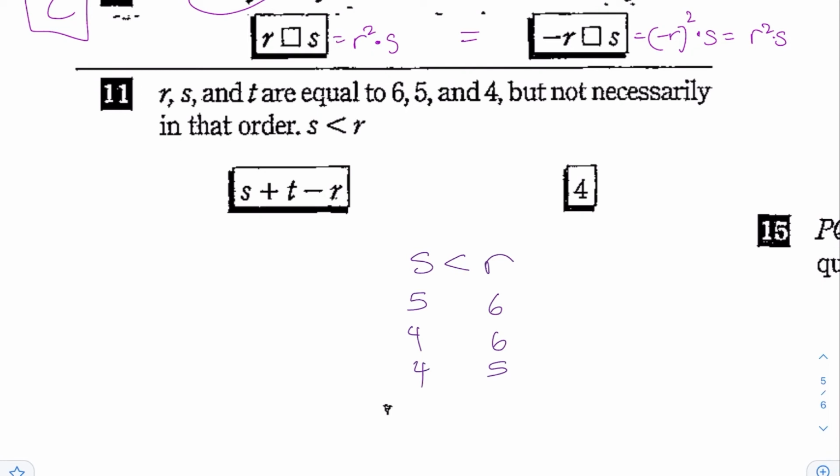So if you want to compare S plus T minus R, you can figure out the last case. T could be 4, 5, or 6. So these are the three scenarios: Case 1, Case 2, and Case 3.